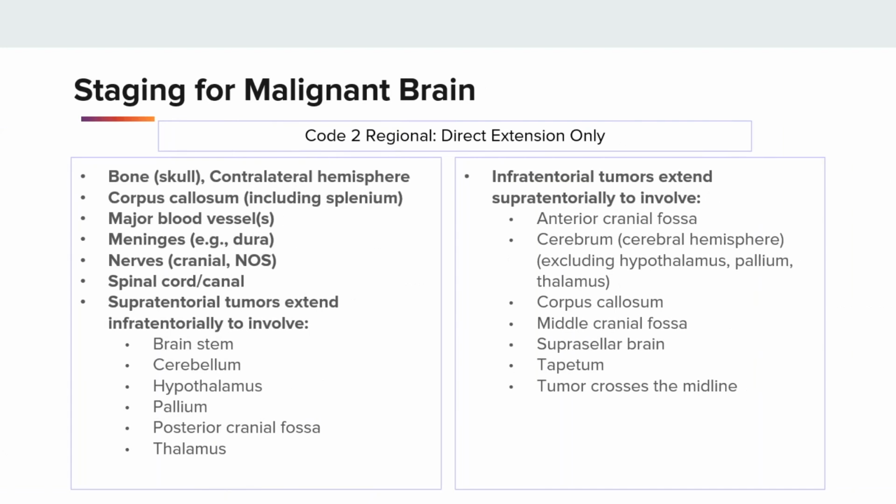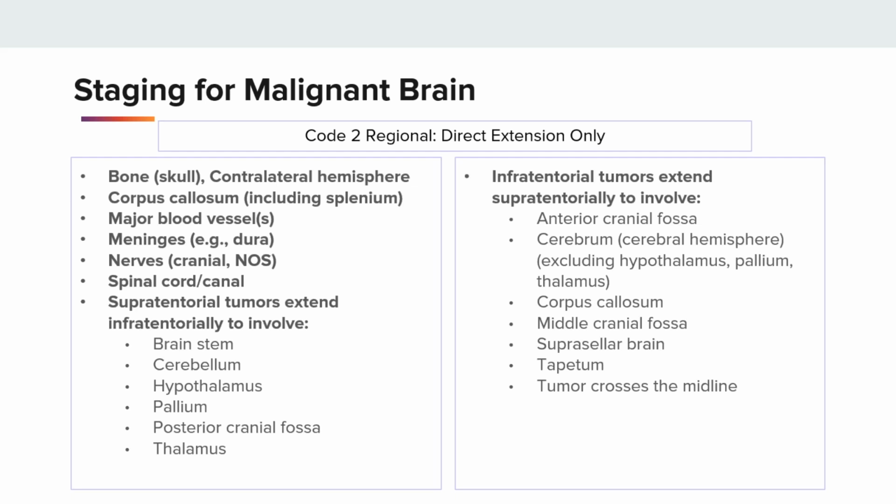There is no regional node staging for this site. Regional tumors by direct extension involve the bone, the corpus callosum, the major blood vessels, meninges, nerves, spinal cord/canal. Supratentorial tumors extend to the infratentorial to involve the brainstem, cerebellum, hypothalamus, pallium, the posterior cranial fossa, and the thalamus.